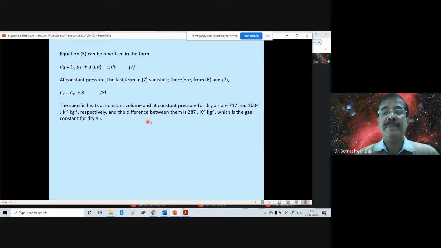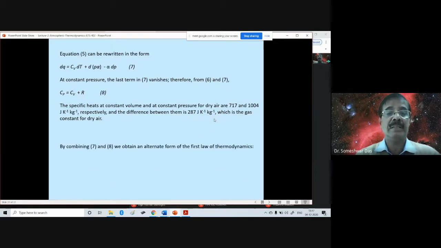The difference between them is 287, because Cp minus Cv is equal to R, the gas constant of dry air, which you have already seen earlier. So Cp minus Cv is equal to 287 joules per Kelvin per kilogram, which is nothing but the gas constant for dry air.